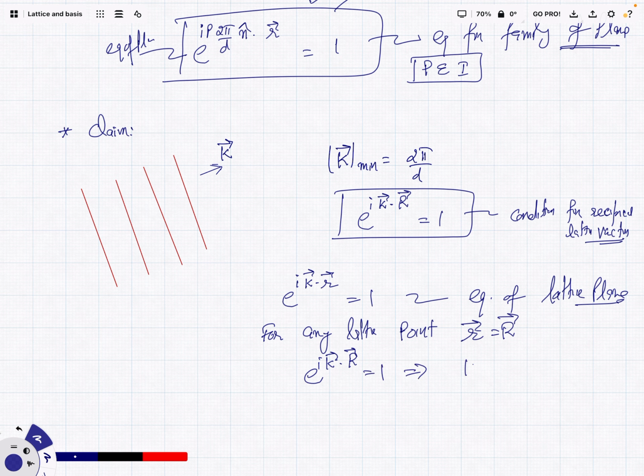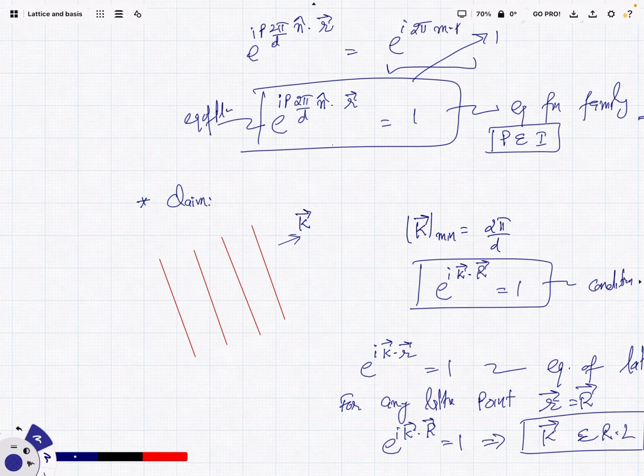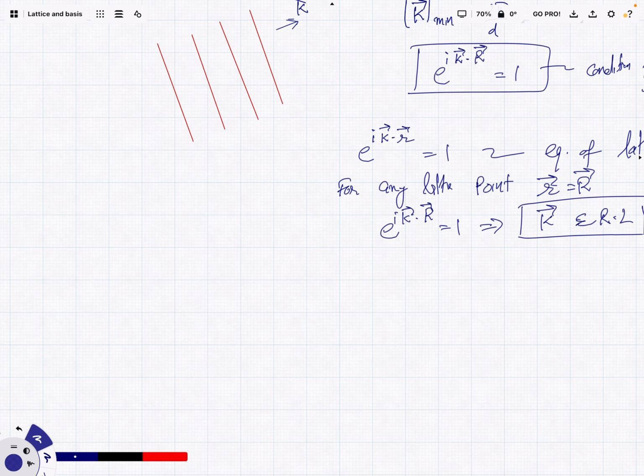That implies this K belongs to the reciprocal lattice. And why am I saying it has the minimum magnitude 2 pi by d? If it has a lesser magnitude than this, this equation of plane won't be satisfied, because the least magnitude of p can be 1.